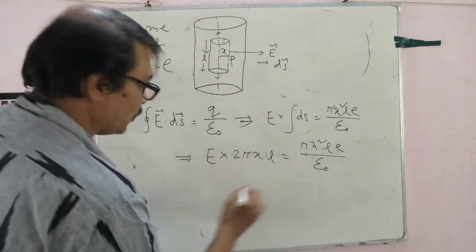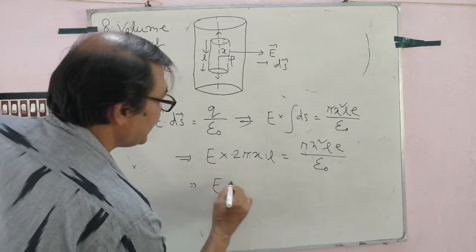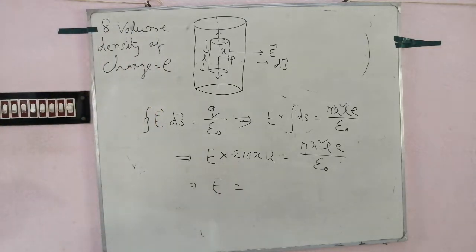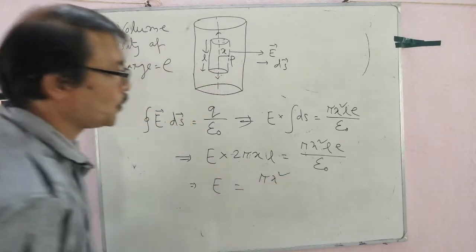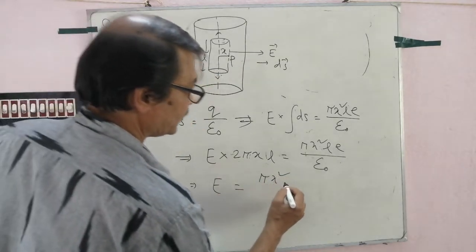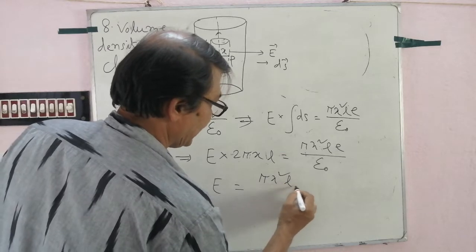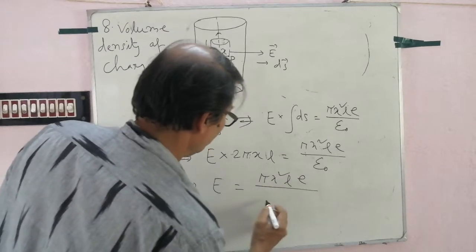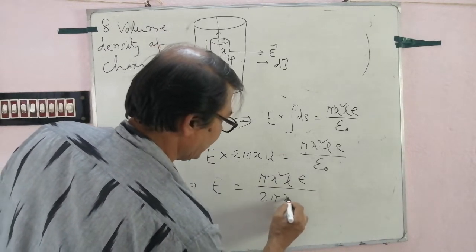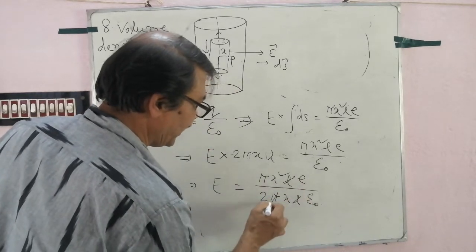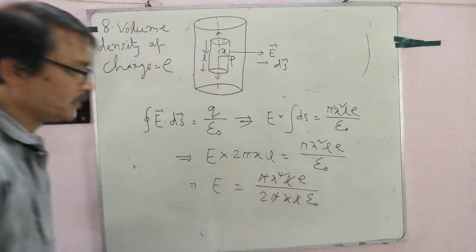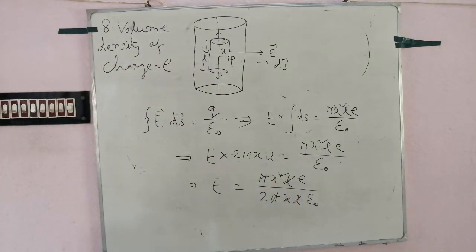From this equation you can get E, which is pi x square L rho by 2 pi x L epsilon naught. Follow this. This is the result.